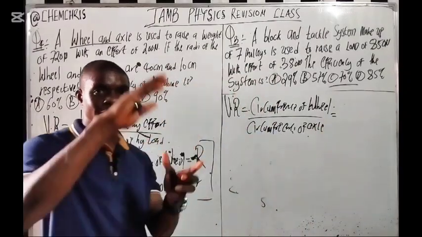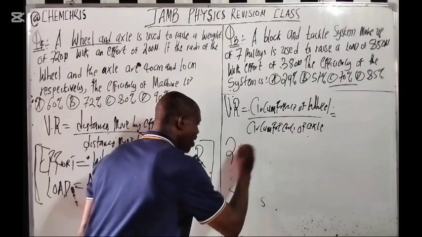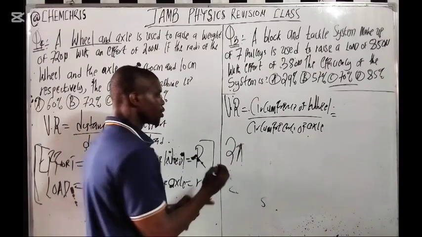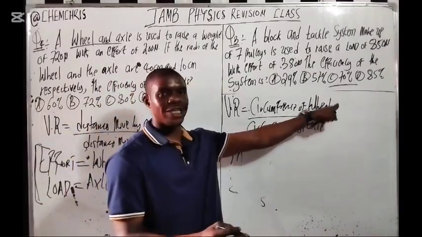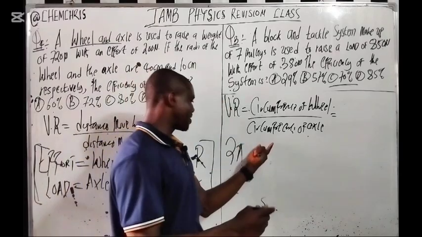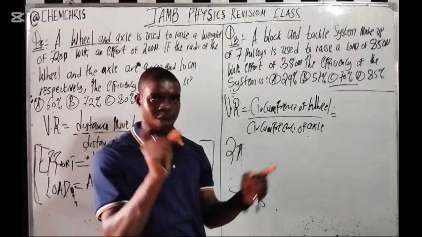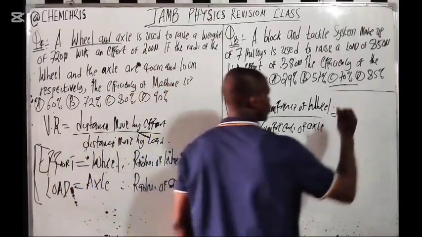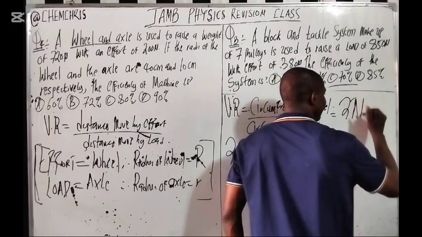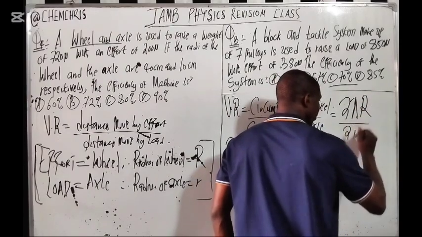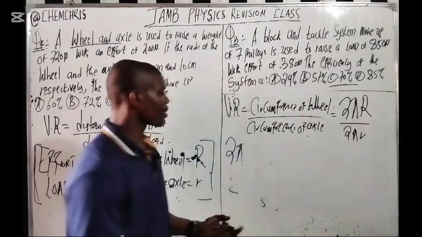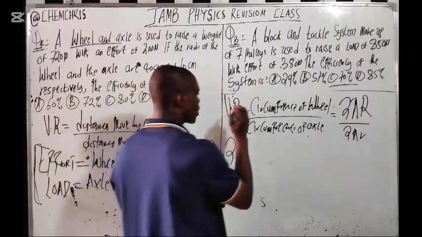Now when we talk about the circumference of a circle, it is 2 pi r. The radius of the wheel is capital R, the radius of the axle is small letter r. So here we have 2 pi R over 2 pi r. Please pay attention here.